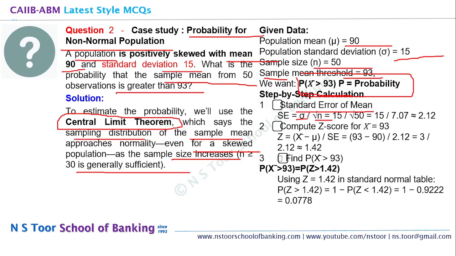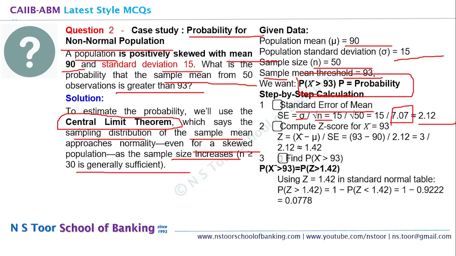Population standard deviation is 15. So 15 divided by square root of 50. Square root of 50 is 7.07. So 15 divided by 7.07 is equal to 2.12. So the standard error of mean in this case is 2.12.